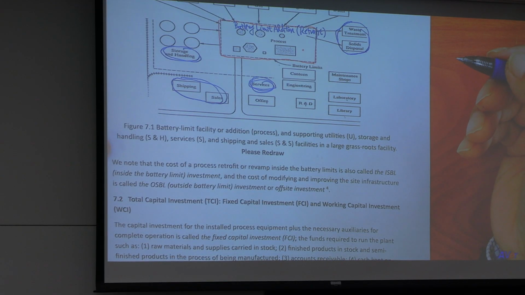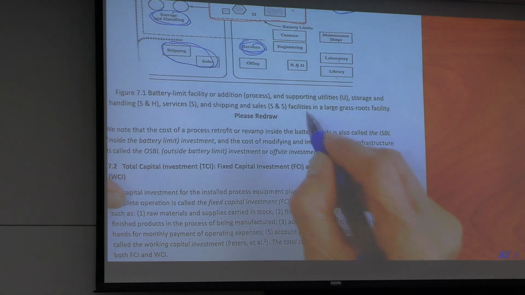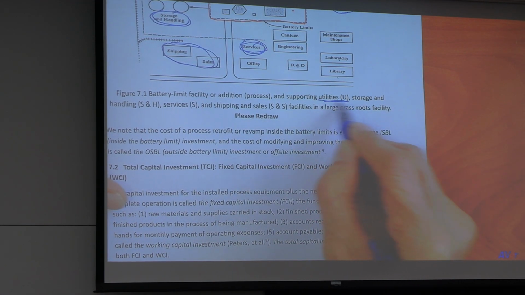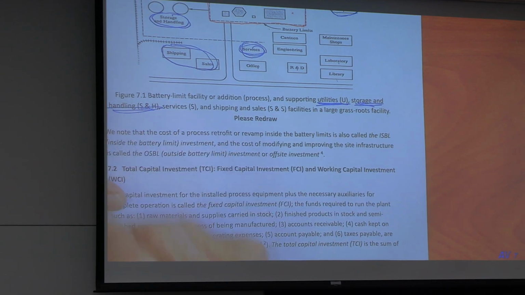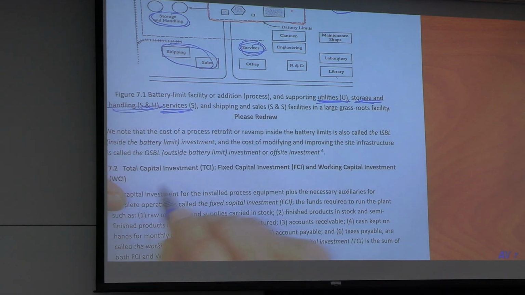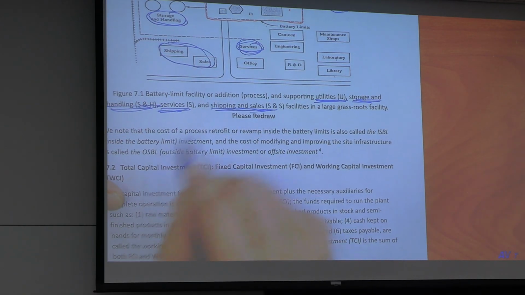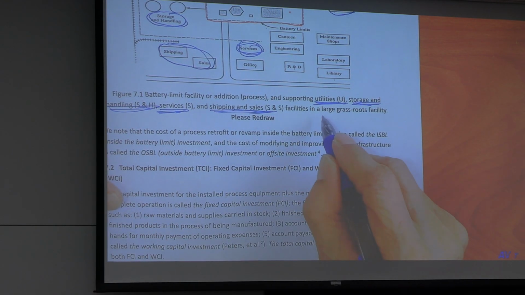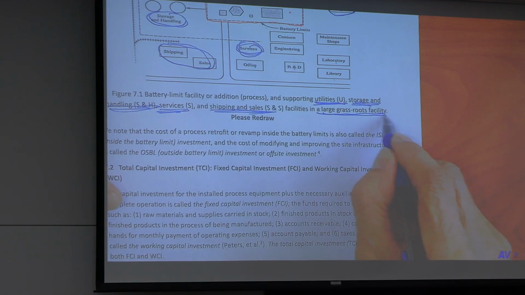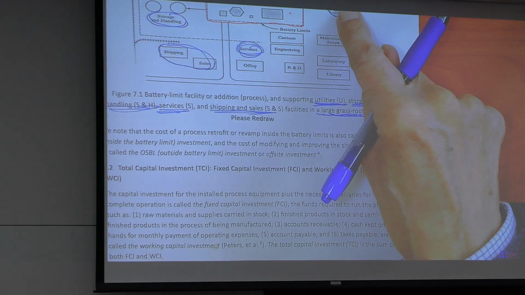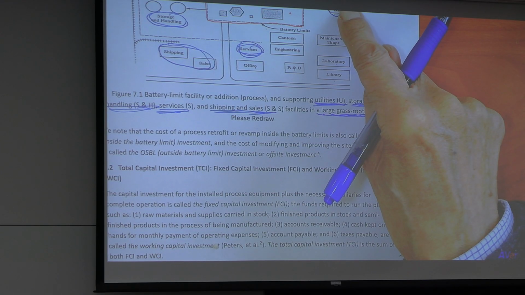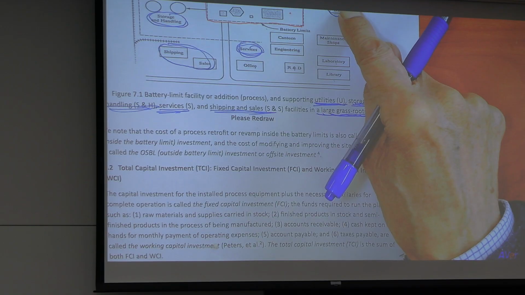If you are adding supporting utility, storage, handling, services, shipping and sale in a large grassroots facility, that is called a grassroots plant. Okay?